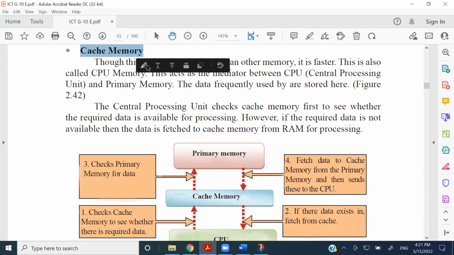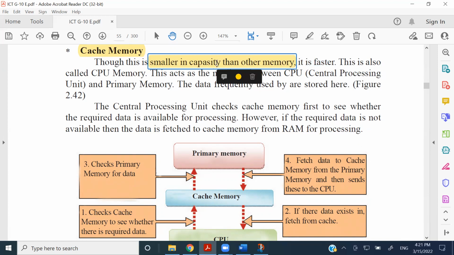So the cache memory. People, in the first sentence, smaller in capacity than the other memory, but faster.